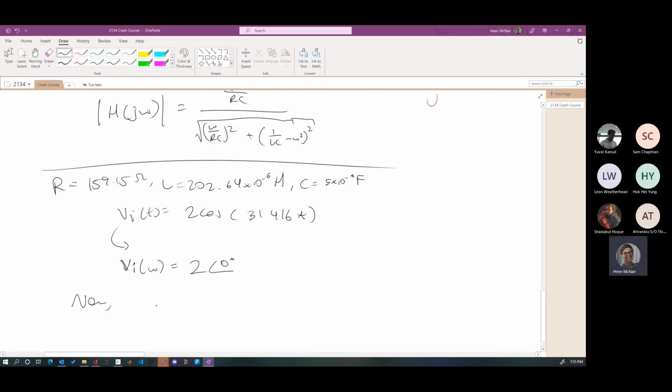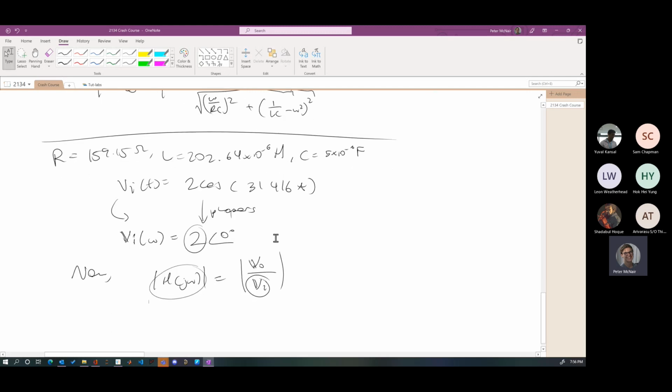Now, we know that the modulus of H of j omega is equal to mod V0 on mod Vi. We know what the modulus of Vi is, we just worked it out, it's 2. And we know what H is because it's sitting up here, it's some expression in terms of omega.